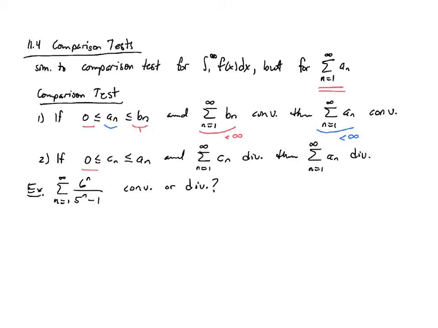And the big idea with the comparison test is that you're going to start with a series that you have to decide about the convergence or divergence of, and you have to compare it to something. So you need to find another series to compare it to. And so when you're trying to figure out who to compare your series to, you need to ask yourself, what does this series remind me of? What does this series look like it wants to be?